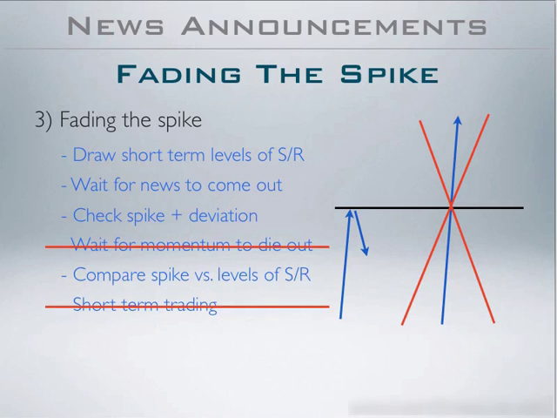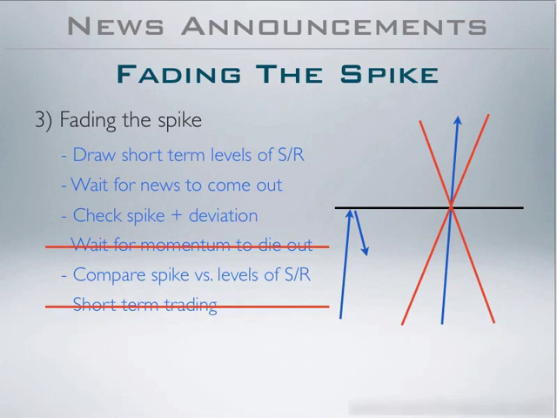The main difference between reading and fading the spike is that when you are just reading the spike, you are actually just using the news announcement, and therefore the price spike in itself, as an analysis tool.